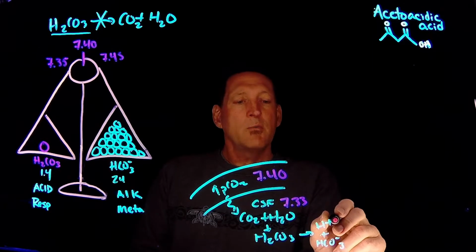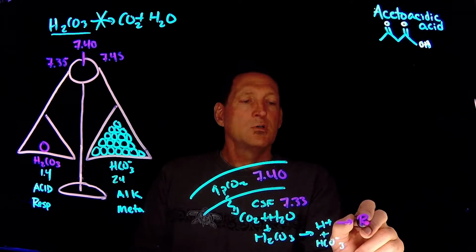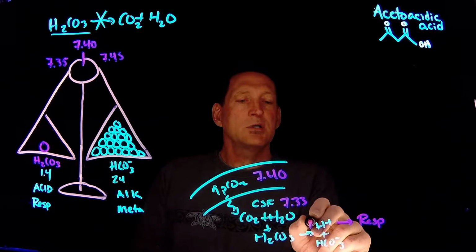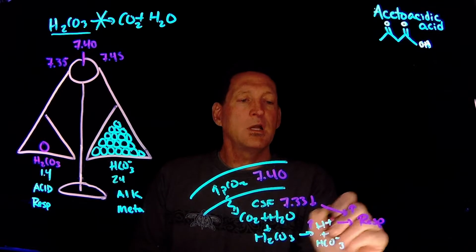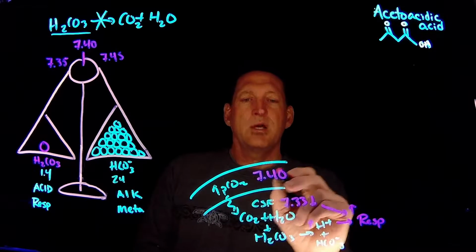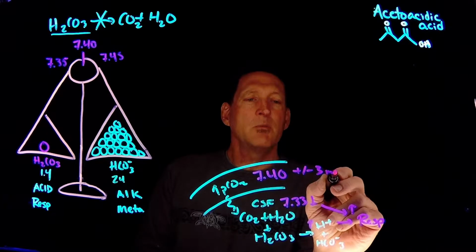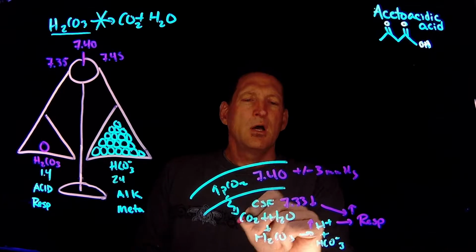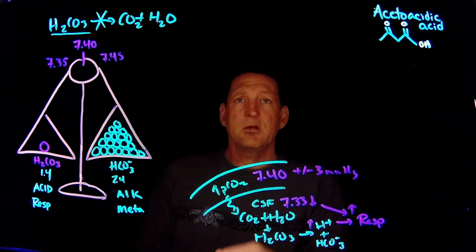Now, once I liberate my hydrogen ion, it can act on respiration. So as I increase hydrogen ion or decrease pH, both of those will result in increased respiration. So normally your body wants to maintain this range within plus or minus 3 millimeters of mercury, and it tries to maintain that, and that is what maintains your normal breathing rate.